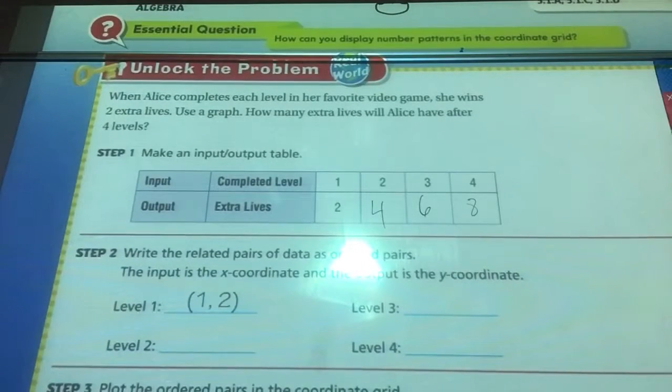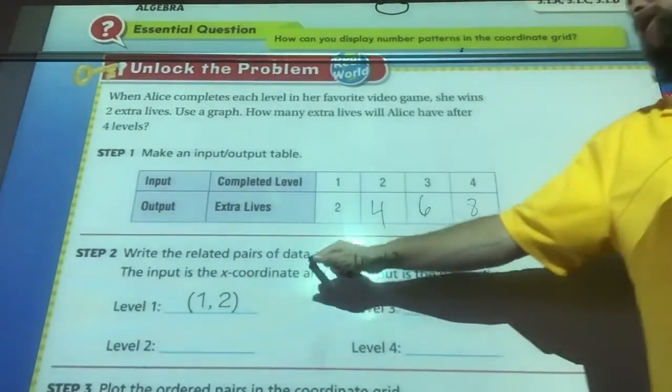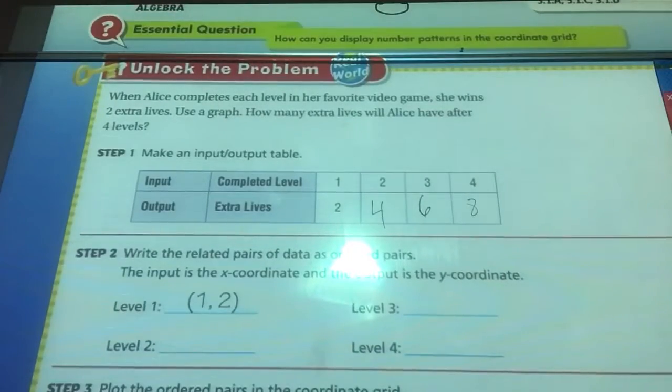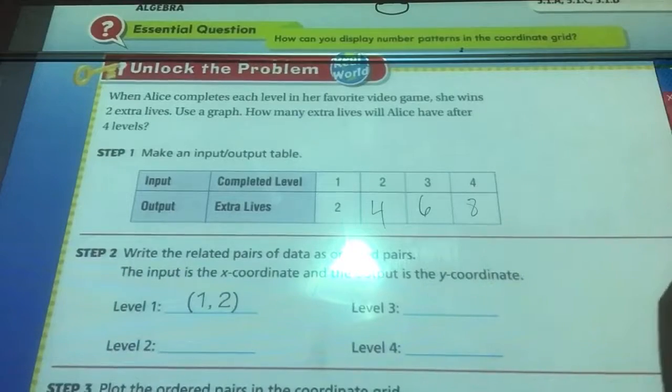Thank you. All right. So once you filled the input-output table up, write the related pairs as ordered pairs. The input is X and the output is Y. The input is always going to be X unless it tells you differently. The output is always going to be Y unless they tell you differently.